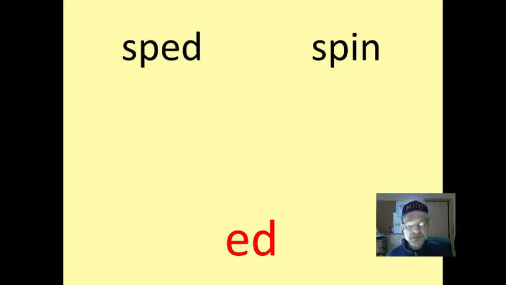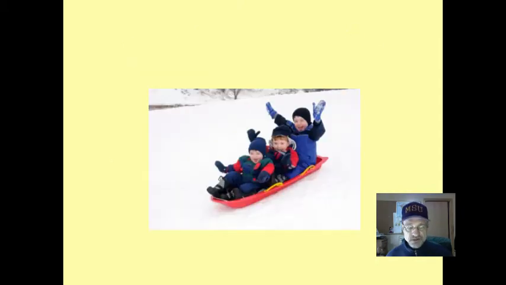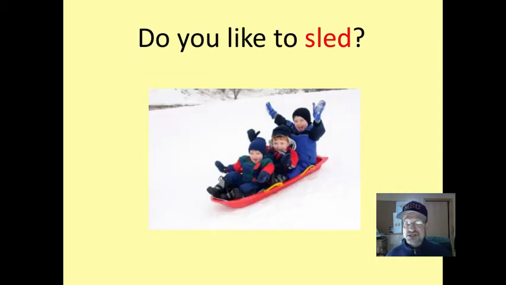Sped. All right? Sled. Let them look at the word, pause, and then move on. All right? We're building those neural pathways. We're helping them create new neural networks to see letter patterns. So don't be afraid to rush on. And this is just another way for you to have a conversation. Do you like to sled? We say slide, but some people around here call it sledding.